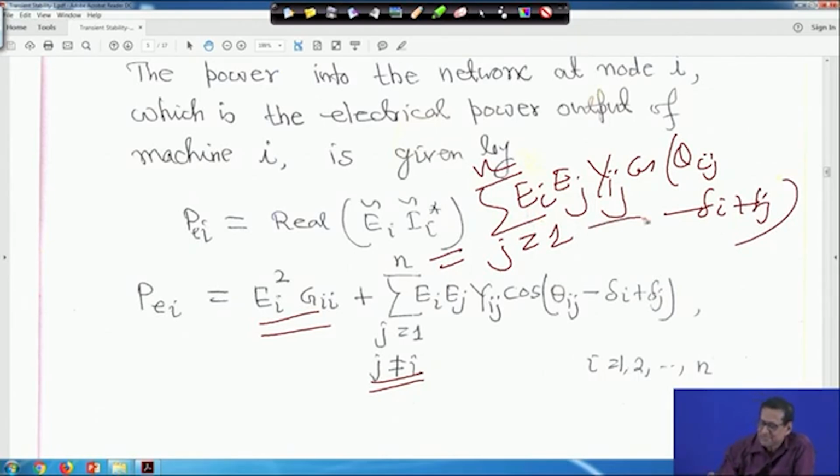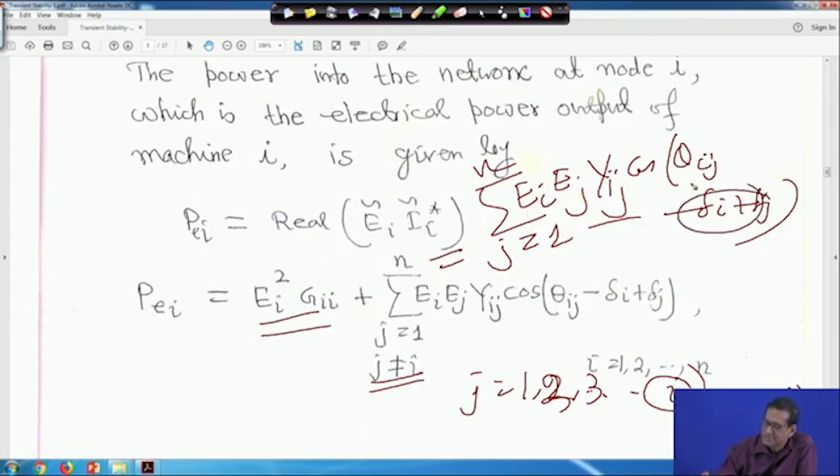Now, when you take the ith term out of this sigma, that is when j is equal to i, it will be Ei into Ei, that is Ei square, times Yii, and the angle term will vanish, leaving theta ii and cosine theta ii.